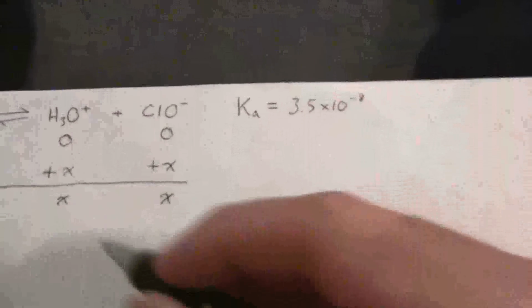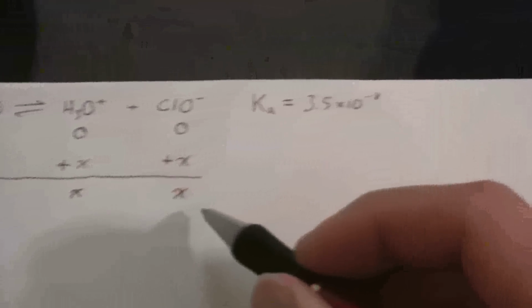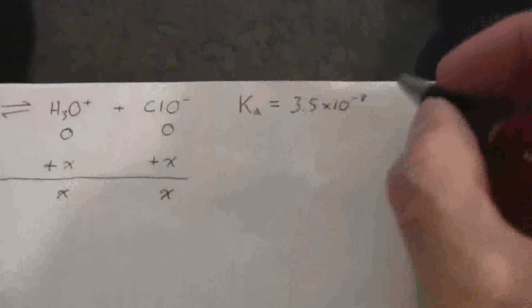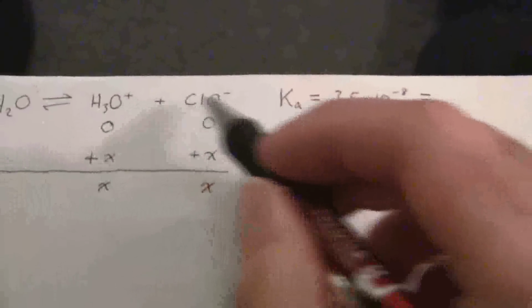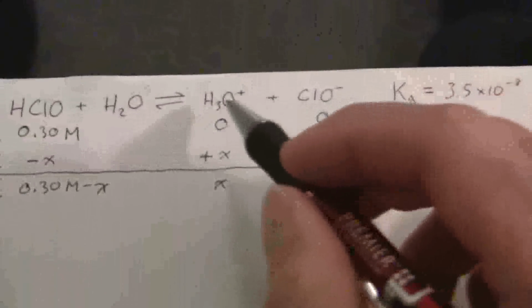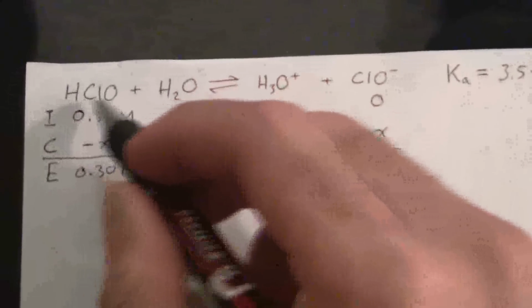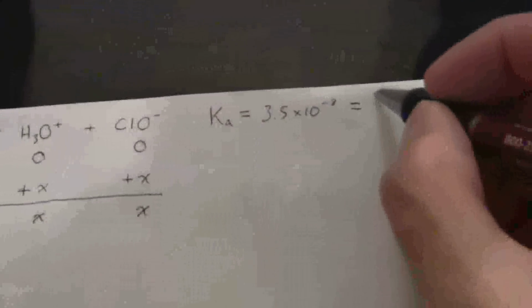Now we're going to put this in our expression for the Ka, and if we write that expression out, it's the product of the product concentrations divided by the product of the reactant concentrations.